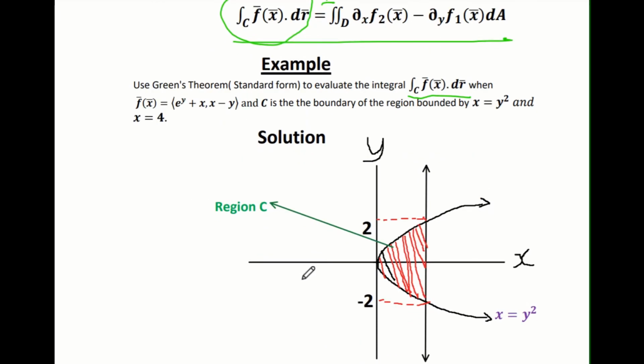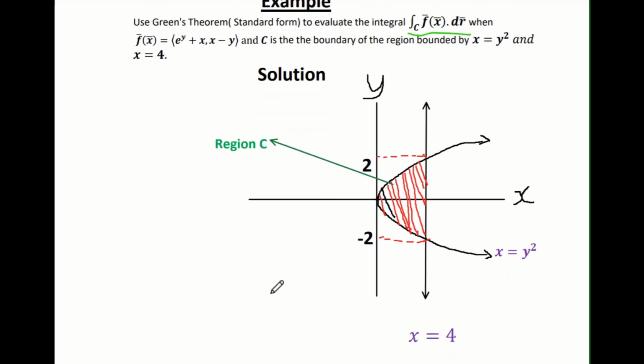So now we first have to draw these graphs in order to identify our integral limits, right? This is x equals y squared. For this parabola, you're treating x as if it's the y-axis, so you shift the parabola and it faces the positive side of x, and then x equals 4 is just a vertical line.